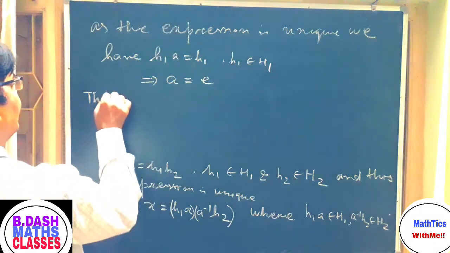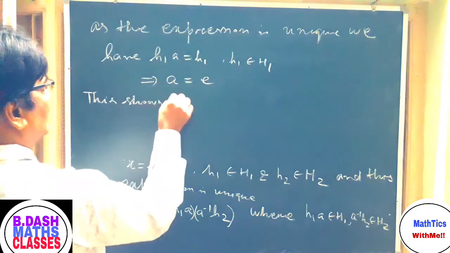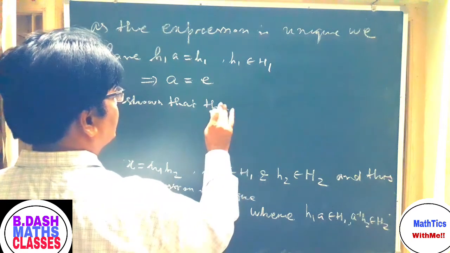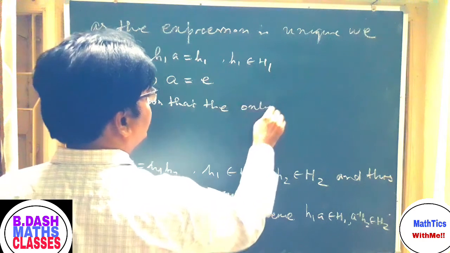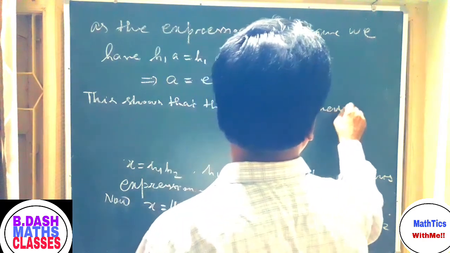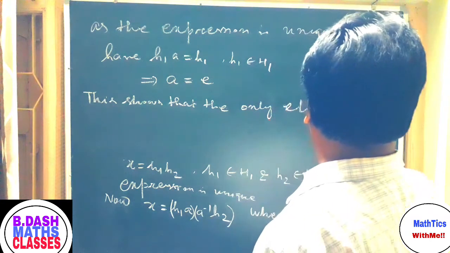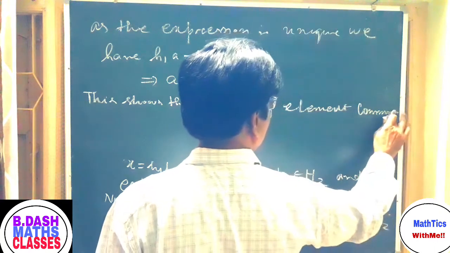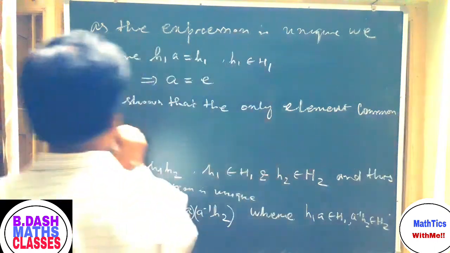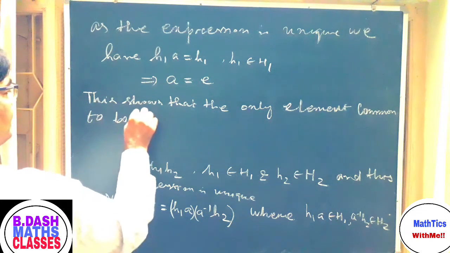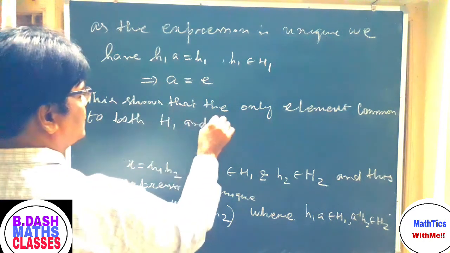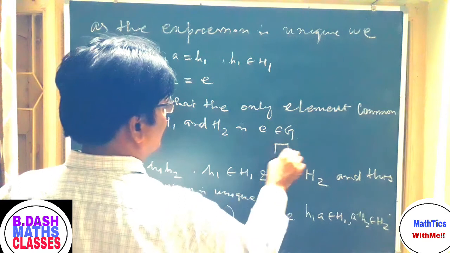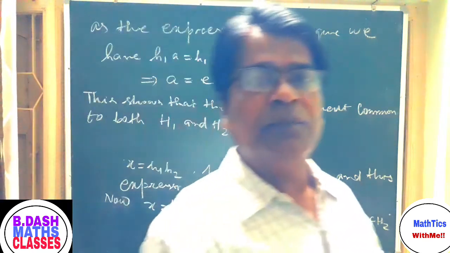This shows that the only element common to both H1 and H2 is e belongs to G. The first part of this theorem is proved.